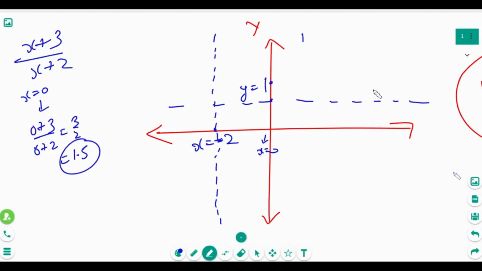So that means the graph is like this one and this one, and here it will be just a mirror. You substitute some values and then you see.